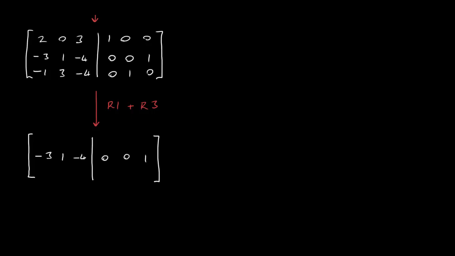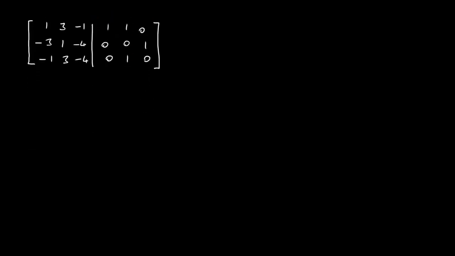If I add row 3 to row 1, what I'll get up here is 1 3 -1, and over here 1 1 0. I'm not doing anything to row 3, so I'll just write that down again. So it's -1 3 -4 0 1 0. Okay, so next step.